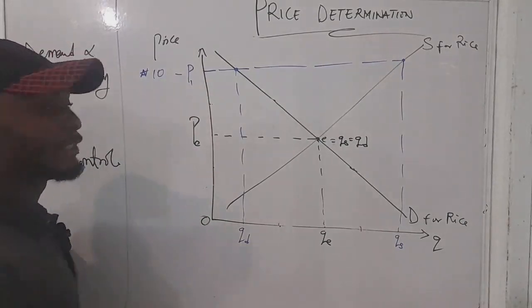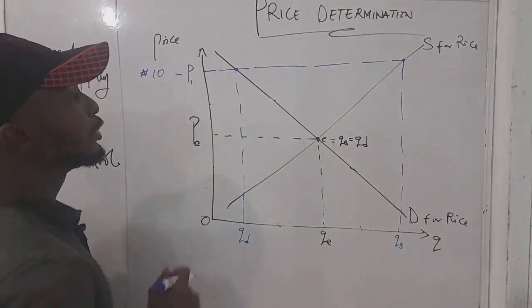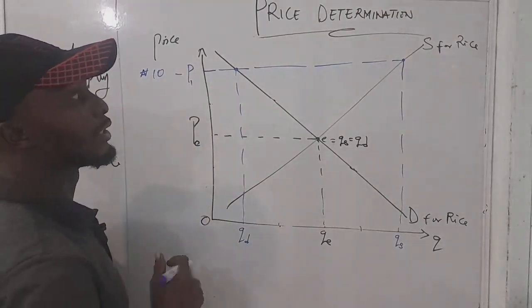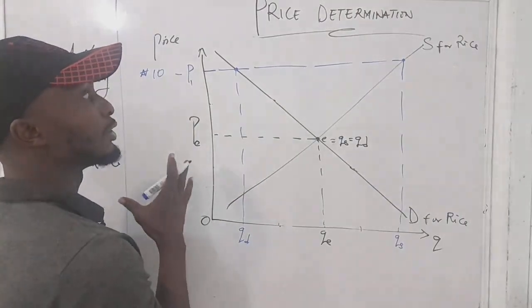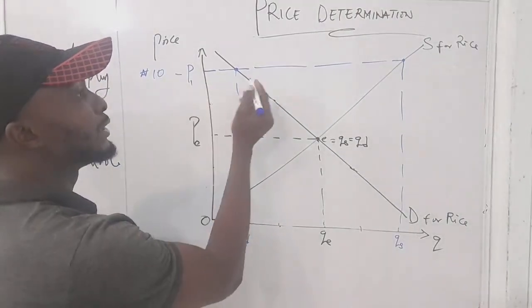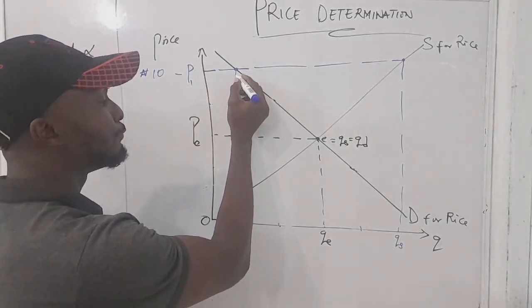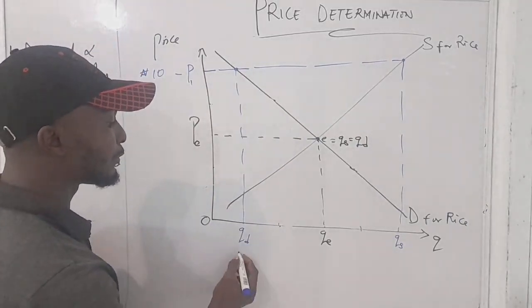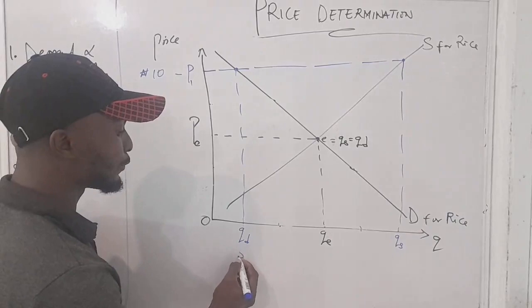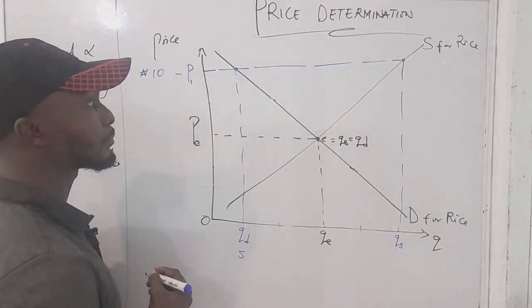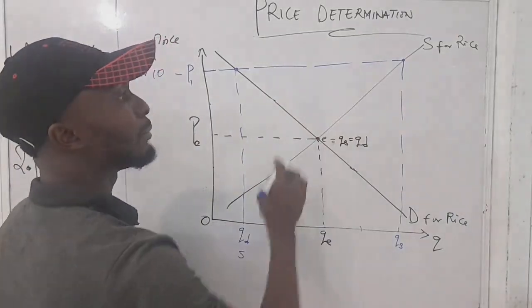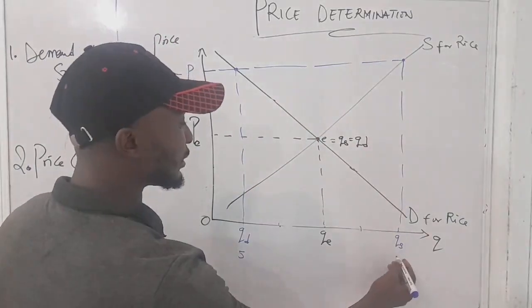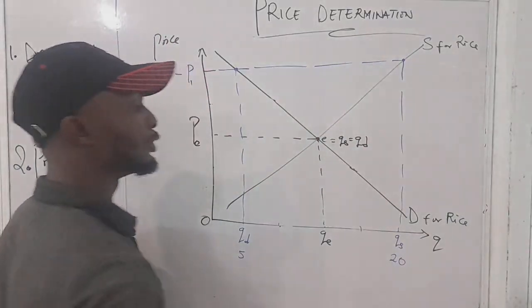So we have 10 naira as the price of a product, which is relatively a very high price in this market, so we have the demand for the product being very low. Let's say the demand for the product here is just 5 units. At that same price, the quantity supplied into that market is very high at, let's say, 20 units.